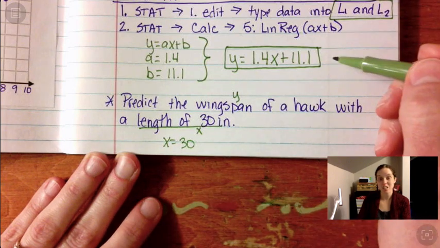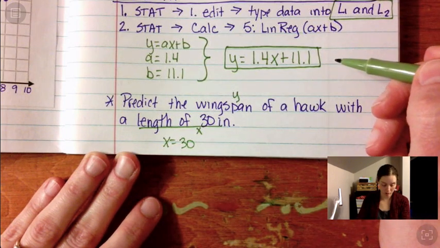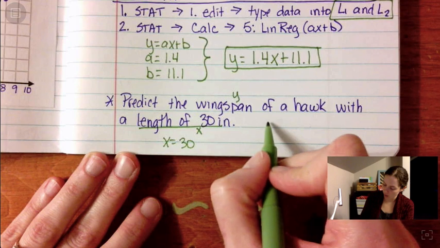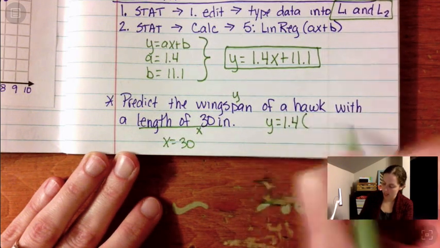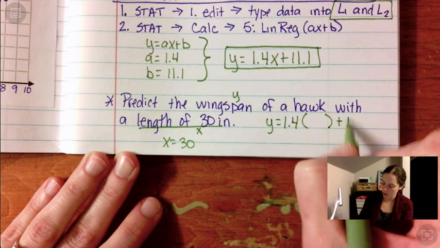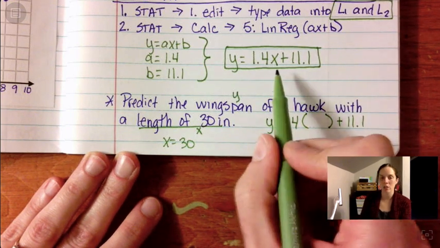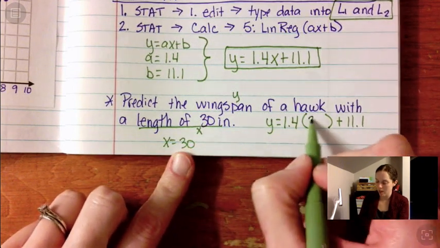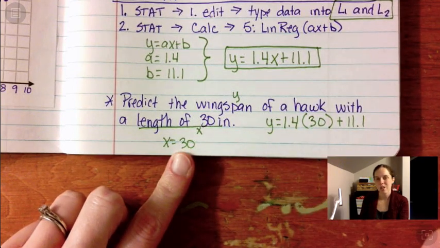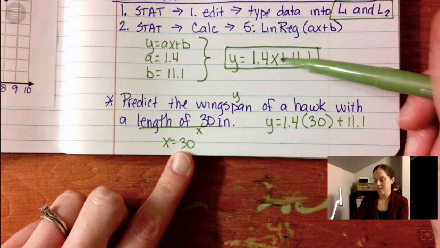So I'm going to take this equation right here, and I'm going to write y equals 1.4, taking the x out, plus 11.1. So I just literally took the x out and put a set of parentheses, and instead of the x, I'm going to substitute in a 30.